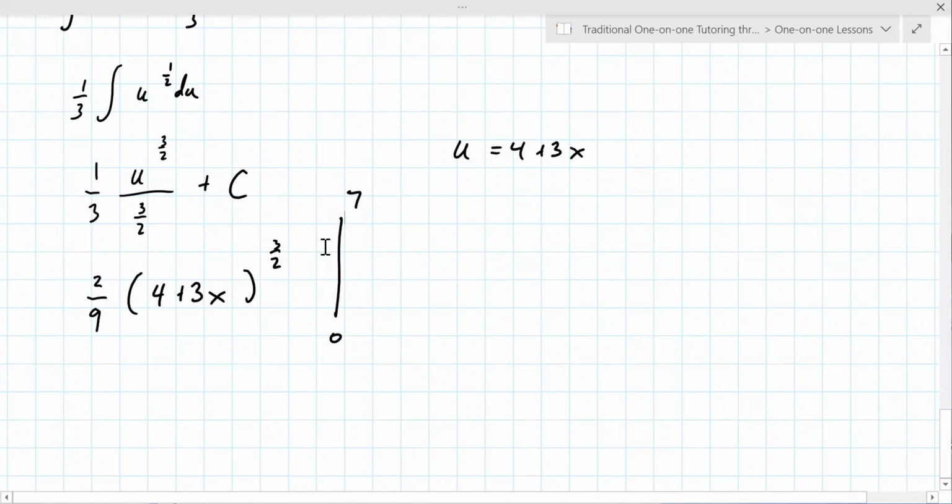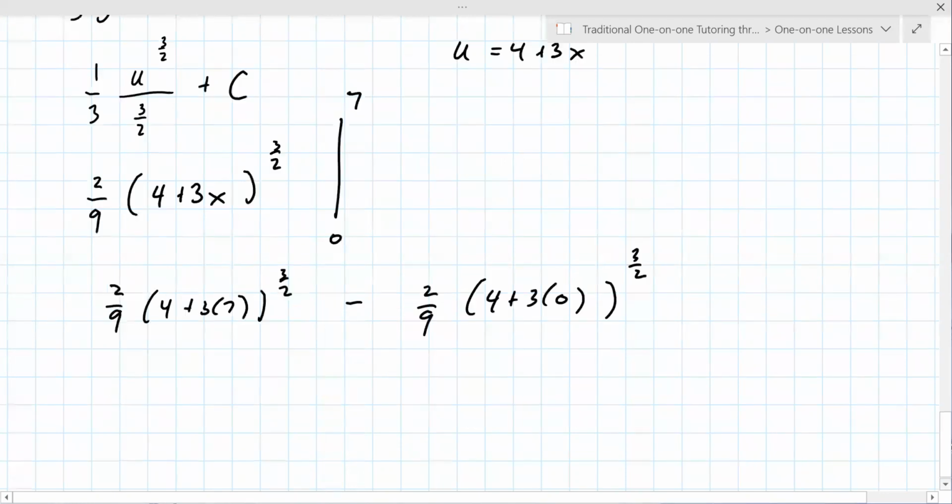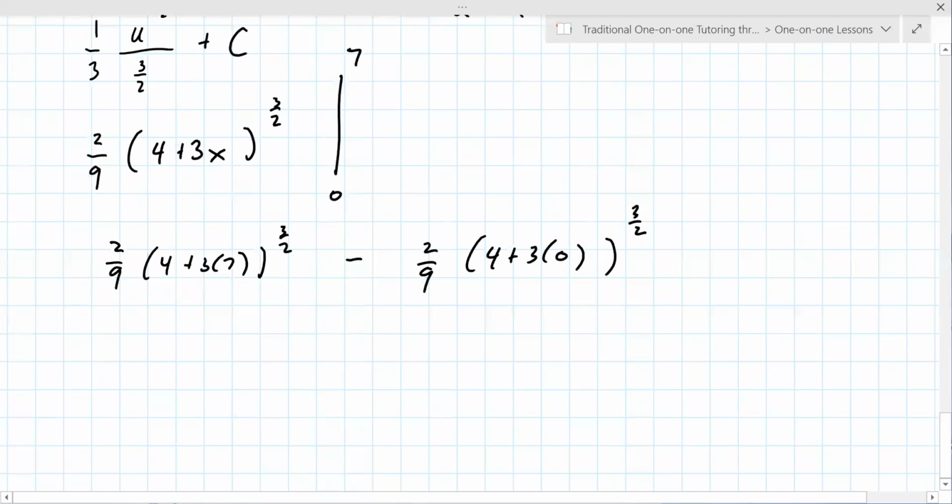Okay, so 4 plus 3 times 7 to the 3/2. So that's 2/9 times 4 plus 21, so 25. Oh wait, so this is 5, like you said, it's 25 or 5 squared to the 3/2 power.